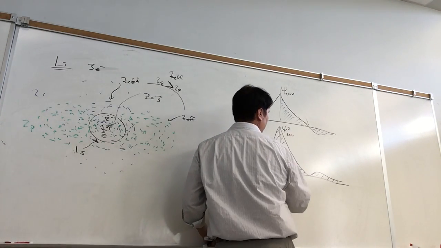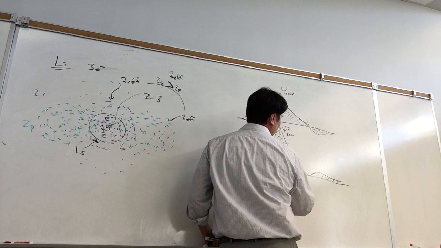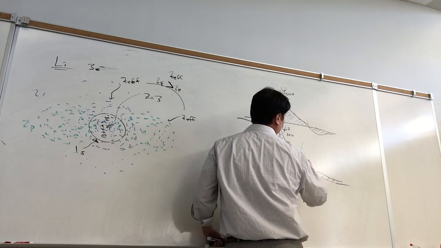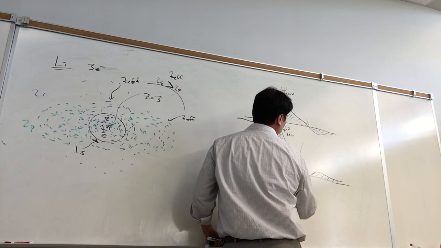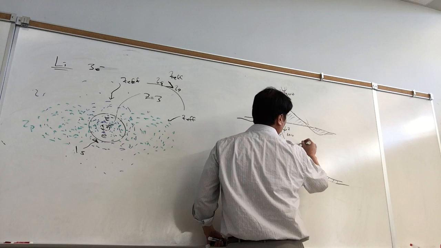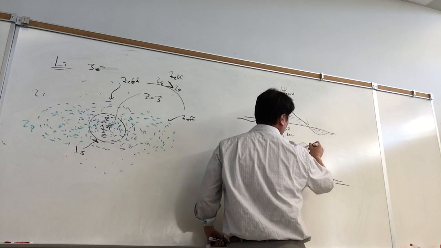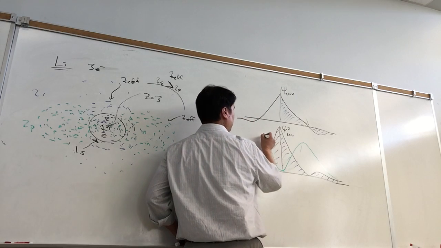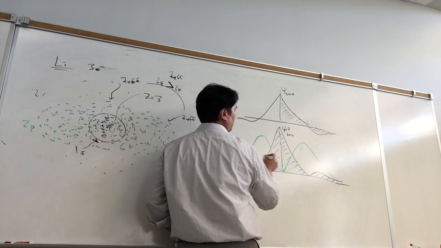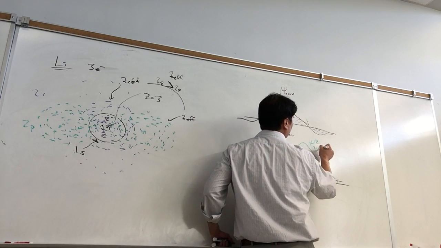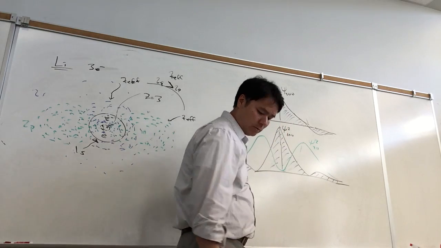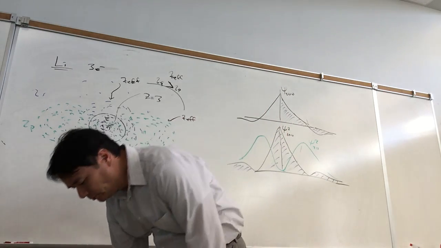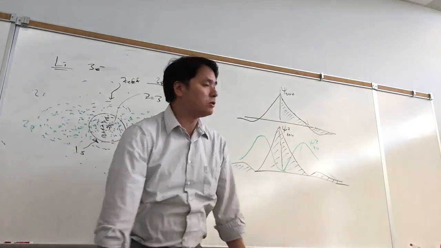So that's psi squared 200, the 2s. Psi squared 2p, oops. This is psi squared 211. Let's just go with a 211 orbital. This is one of the two p's.